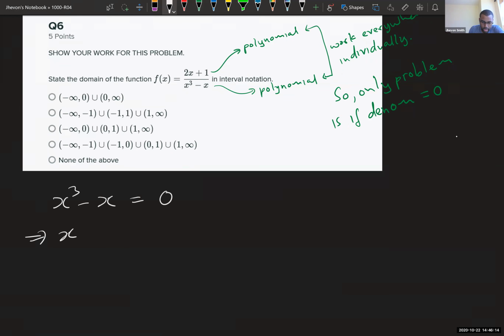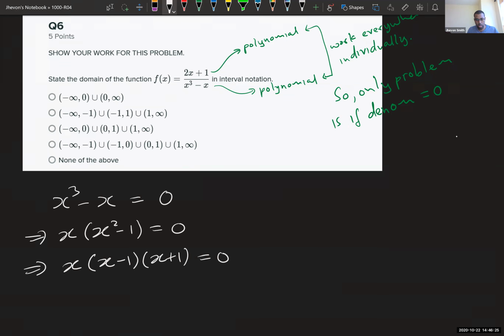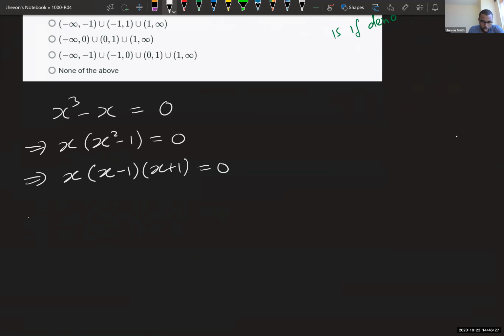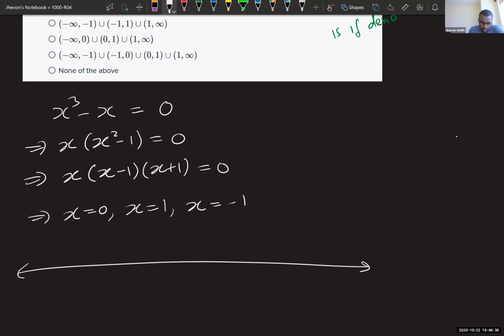So I can factor out an x. This factors further. So this gives me x is 0, x is 1, or x is -1. So on our number line, I just have to avoid all of these guys.